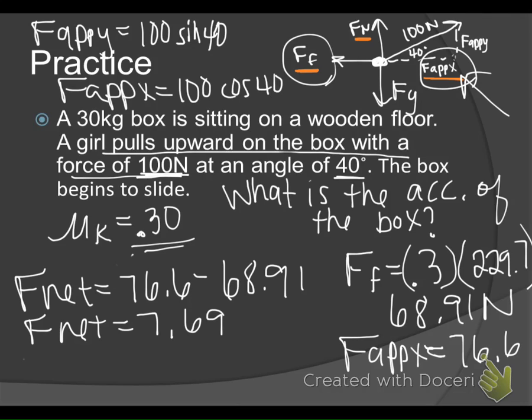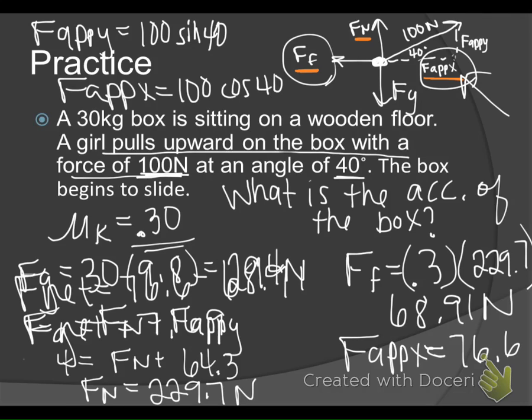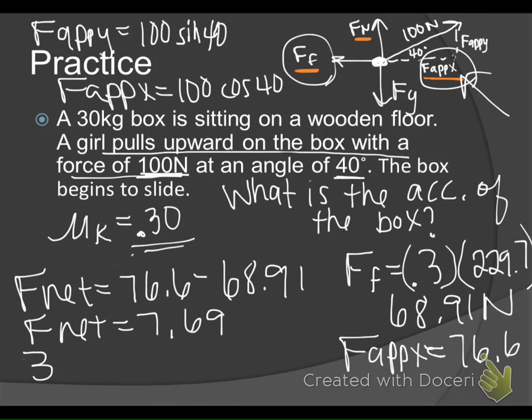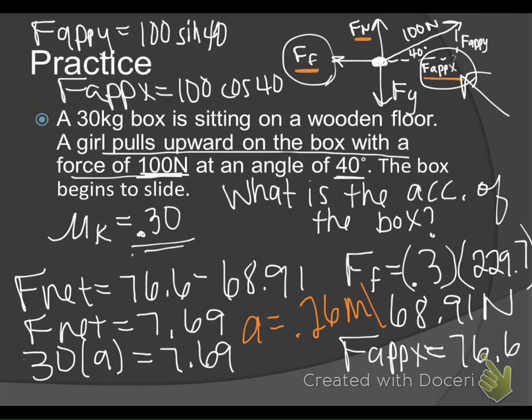We can then substitute our mass times our acceleration into this equation, and we can find acceleration. So tell me what you got. 0.26. What's our units? Okay, you did it.